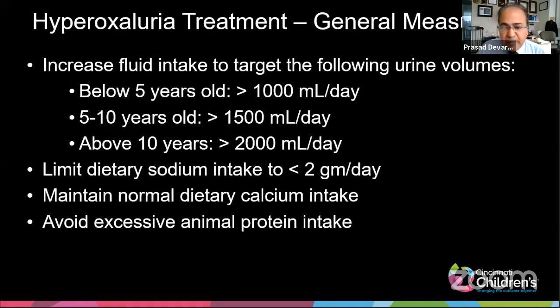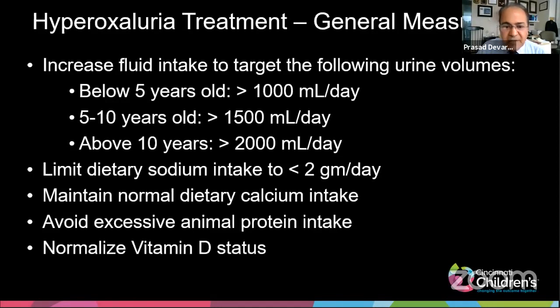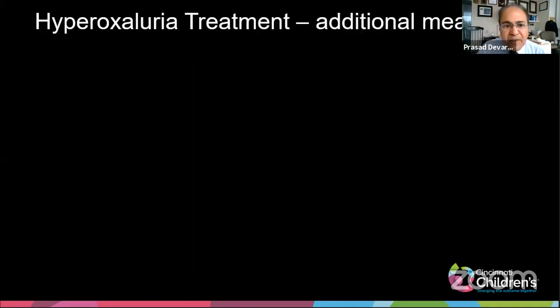The reason why animal protein is associated with increased kidney stones is because it acidifies the urine and causes more crystal formation. And we normalize vitamin D status because if a patient has excessive vitamin D, that causes increased calcium absorption from the gut and excessive calcium deposition in the kidney.